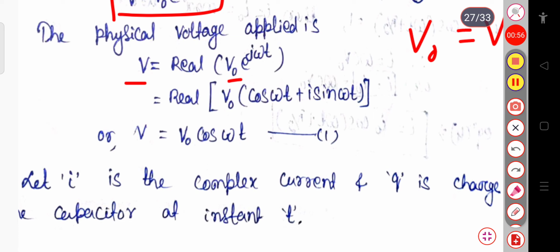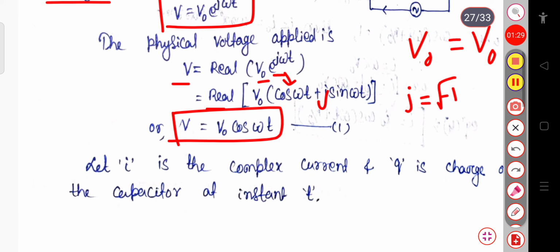This can also be written as the real part of V naught into cos omega t plus j sin omega t, because we have written exponential j omega t. Here j is nothing but iota, its value is root over minus 1. So the real part of this V will be the voltage V equal to V naught cos omega t.